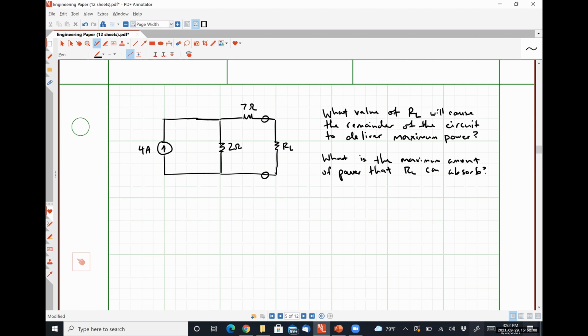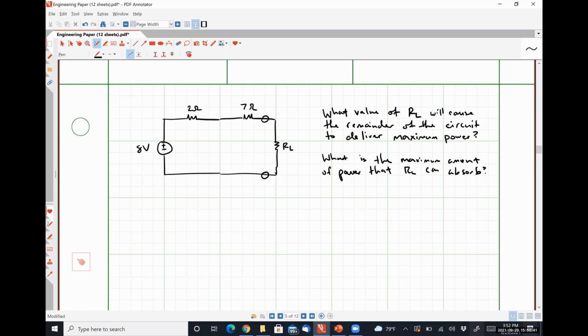Somebody new. Benjamin: go back to a practical source of 4 amps and 2 ohms. Okay, so go back to a practical voltage source. Since the arrow is pointed up, it's going to have a positive sign on top. 4 times 2 is 8, so it's going to look like 8 volts in series with 2 ohms.